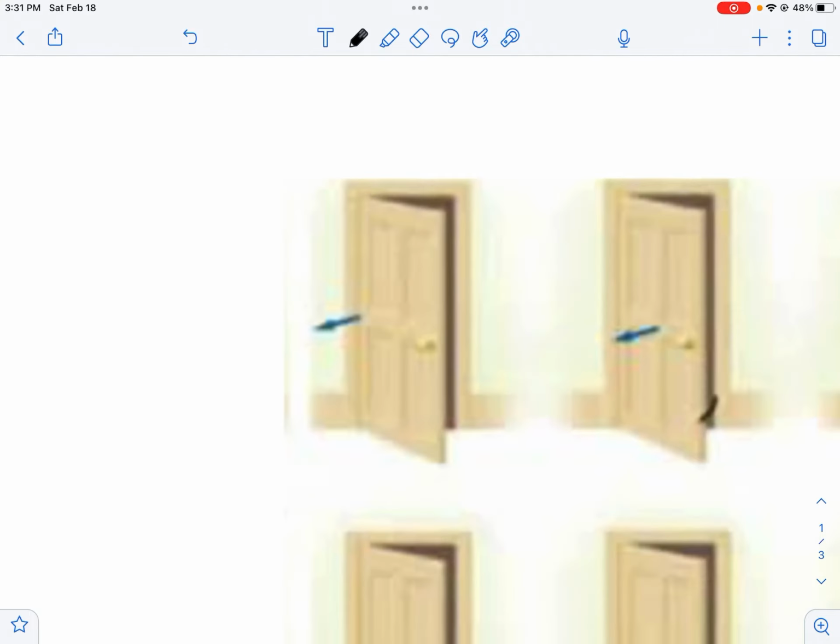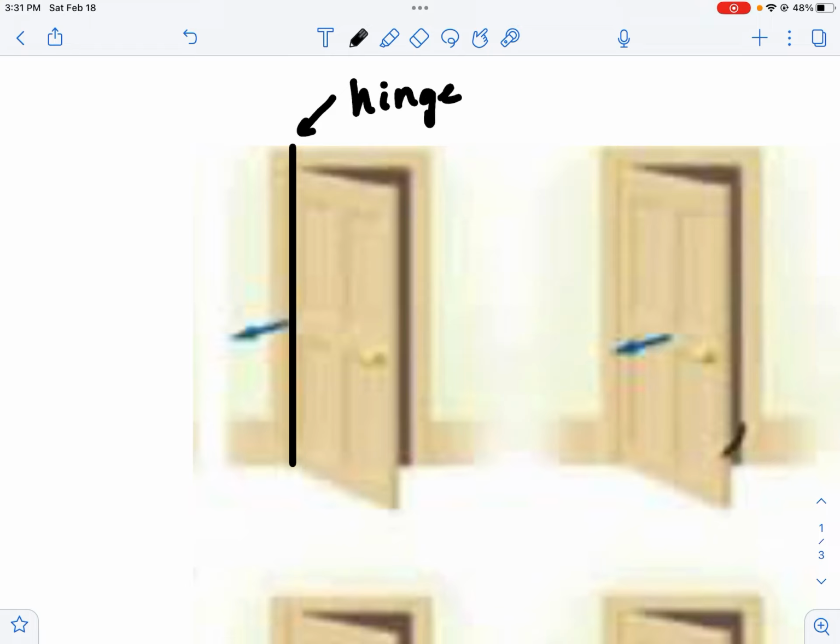So let's take a minute and think about a door. A door has a hinge, and in this case, the hinge is the pivot point. Depending on where you push or pull on the door, you'll get faster rotation.